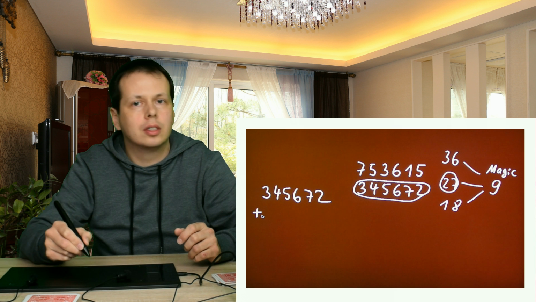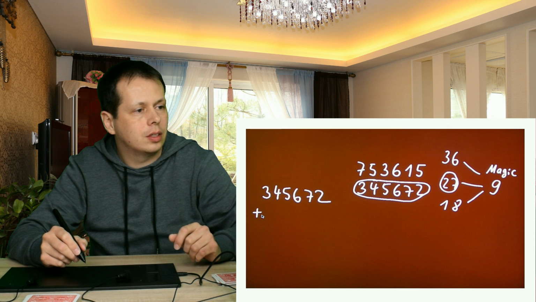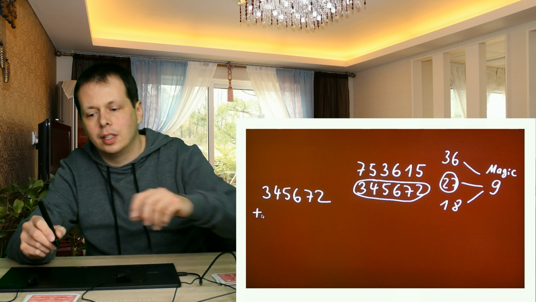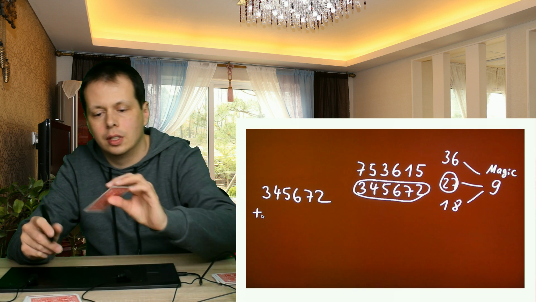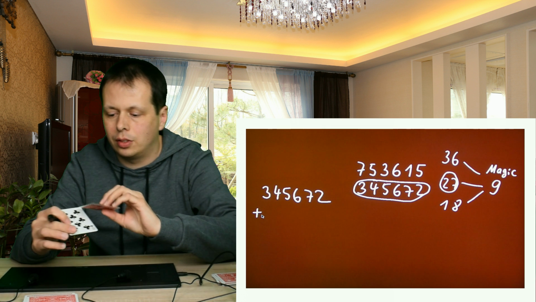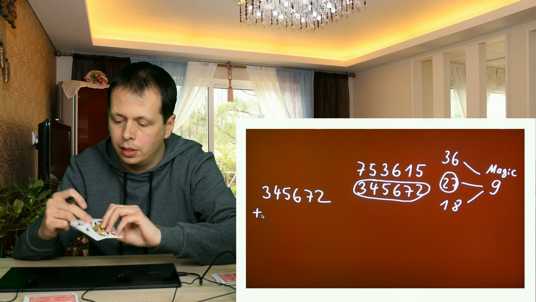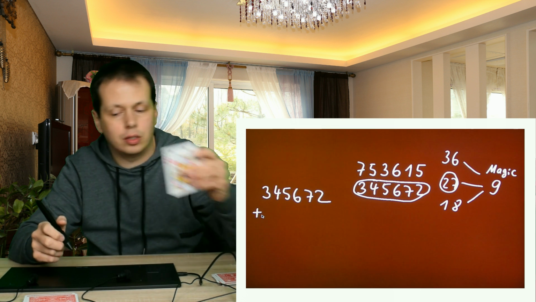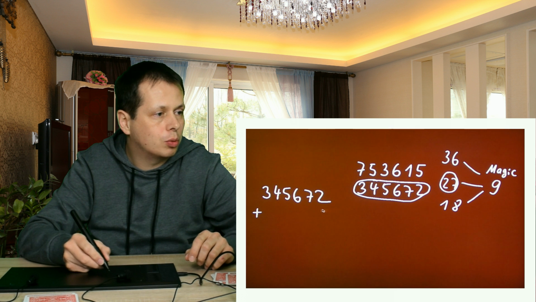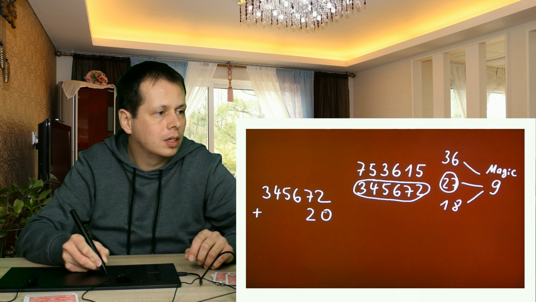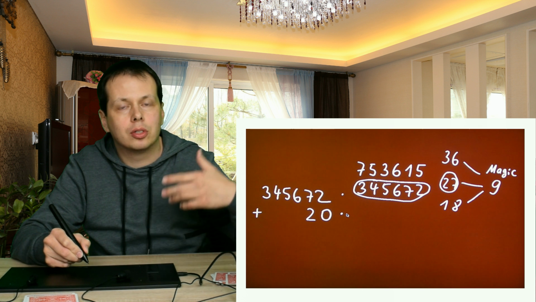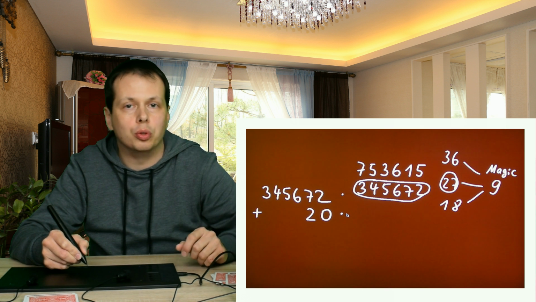And he or she should add her or his age. And so let's take a random number. Queen is 12 and 8 is 20. So let's assume the age is 20. So both numbers are not told to you, yes?